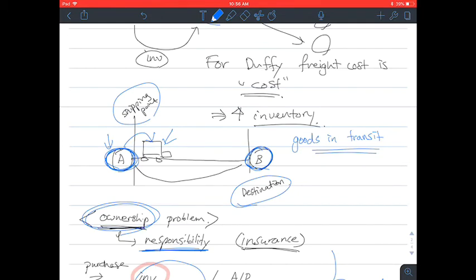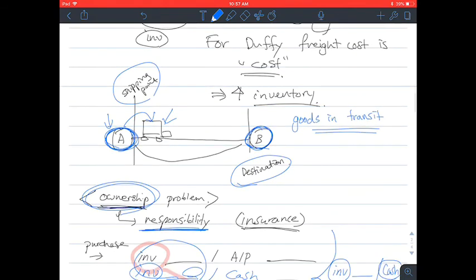So if the ownership of the goods belongs to A, then A has to take responsibility. But if the ownership belongs to B and the truck collides, then B has to take responsibility for the damaged goods. So A and B have a conflict of interest, right?